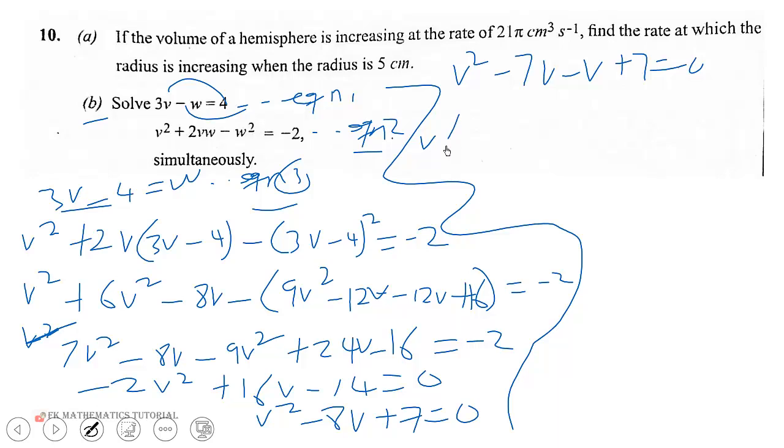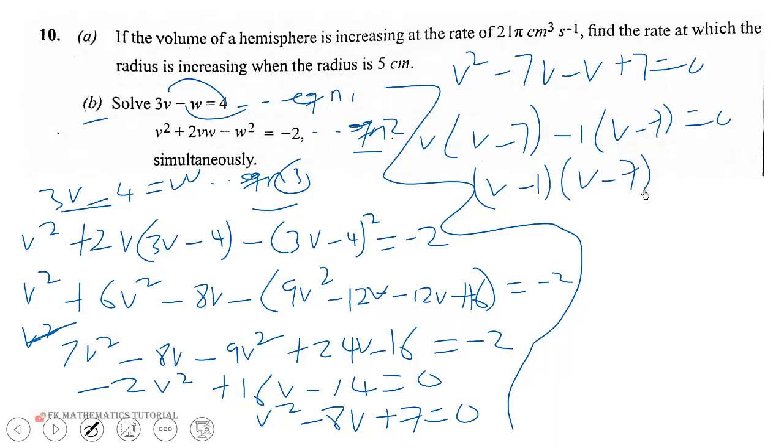So we have v into bracket v minus 7, then minus 1 into bracket v minus 7 is equal to 0. So we have v minus 1 or v minus 7 is equal to 0. So v is either equal to 1 or 7.